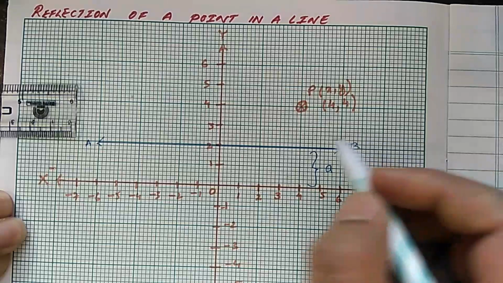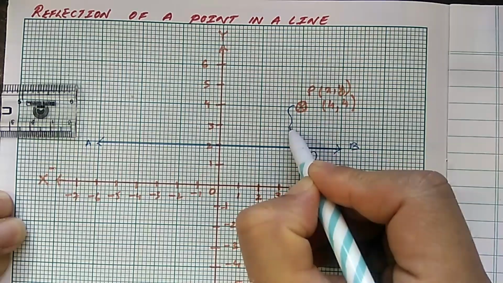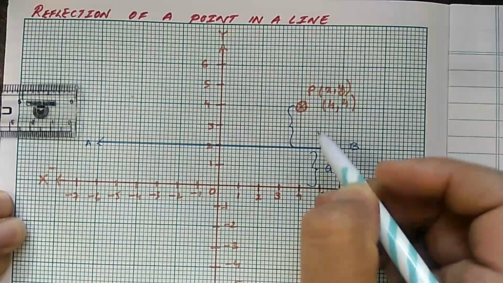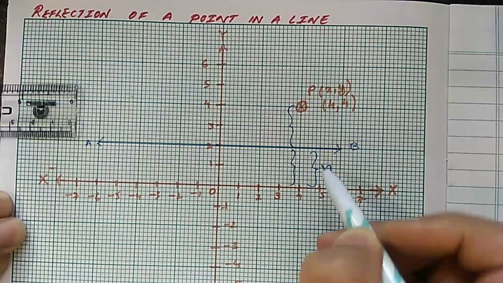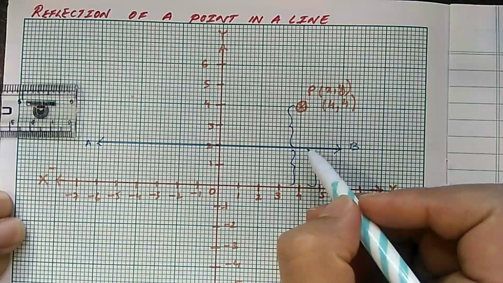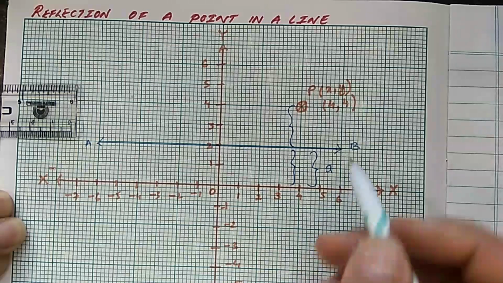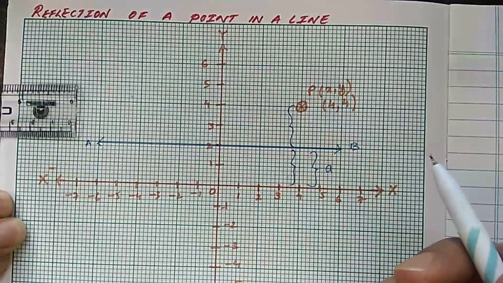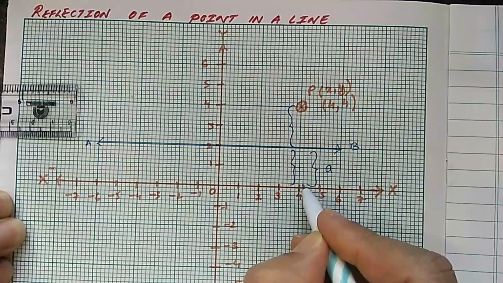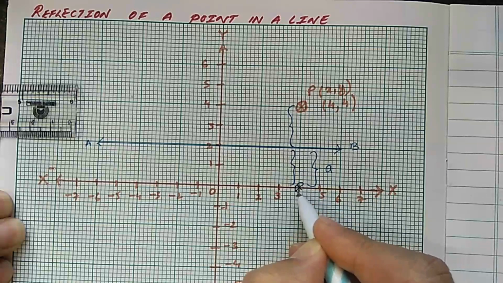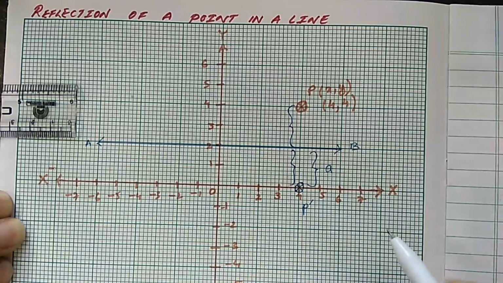Now we know that this distance is the object distance, so the image will also be formed at the same distance from the line parallel to x-axis, which is a mirror at this point. So we know that the point after reflection will be this point, which is P dash.